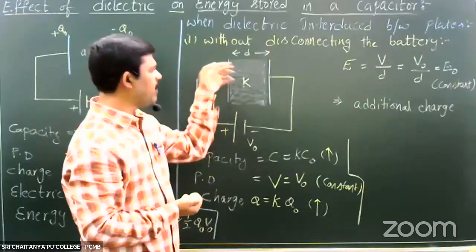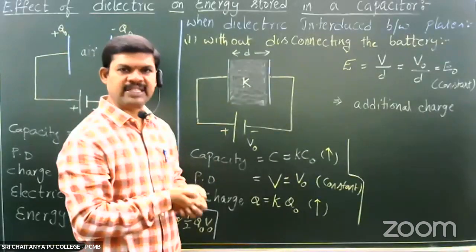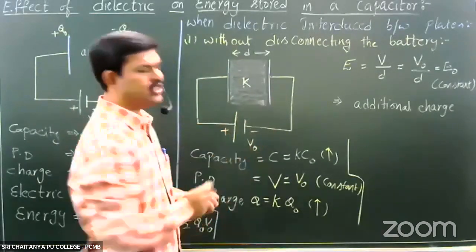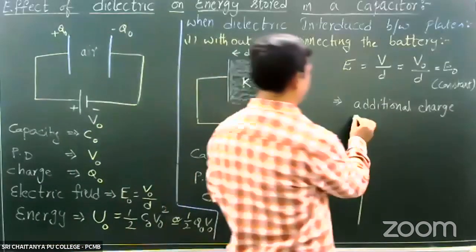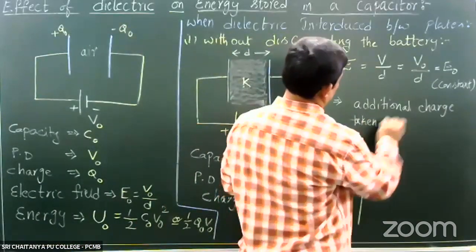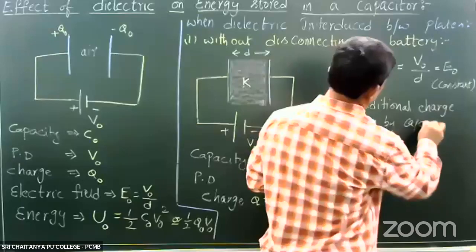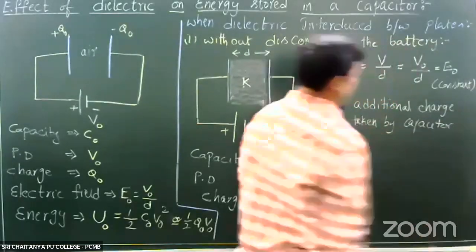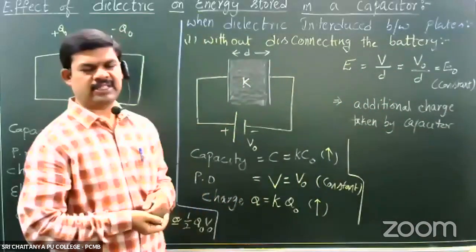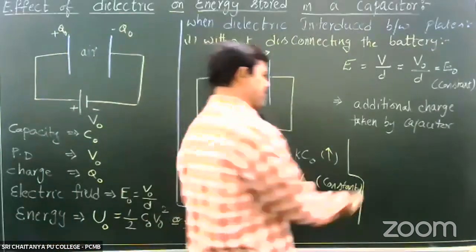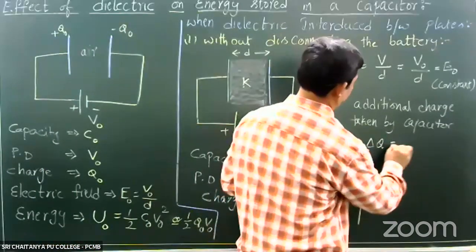Means some additional charge is taken by the capacitor. How much additional charge is it taking? Additional charge comes onto the capacitor plate, delta Q.